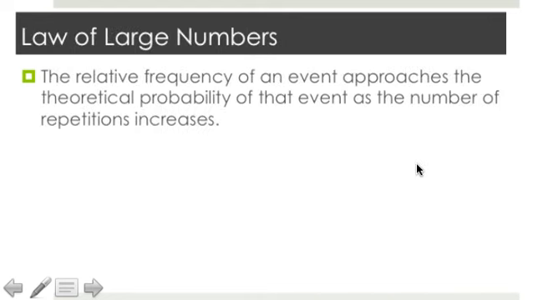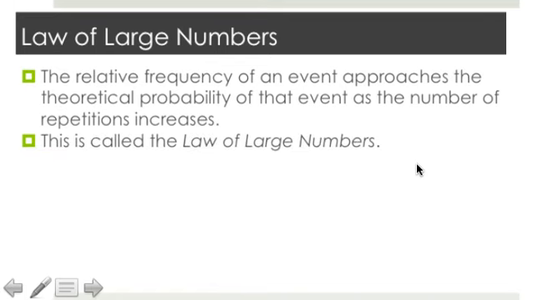Now, what's important here is to understand that the larger the number of repetitions that you have, the better off you are in terms of estimating what the theoretical probability is. So the relative frequency of an event will approach the theoretical probability of that event as the number of repetitions increases.